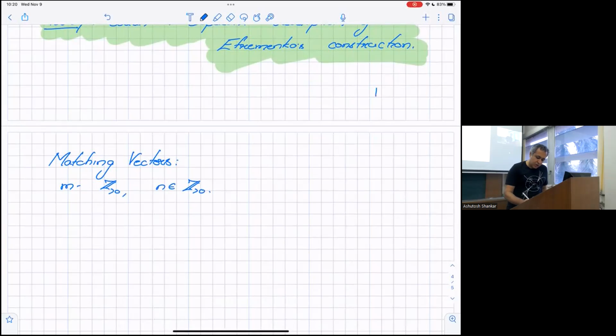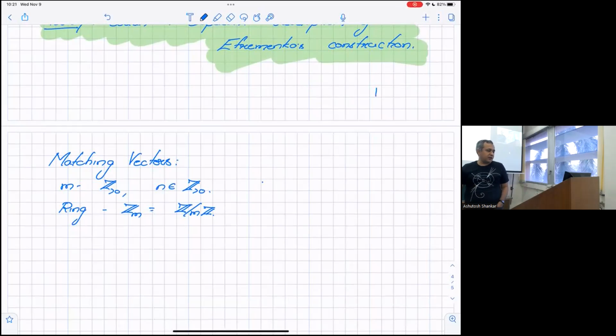We will be working in general in the ring Z_m, by which I mean integers mod m. We'll be working with several objects, and one of them is this ring Z_m. m is, in fact, crucially going to be not prime. For the first twenty minutes, m can be arbitrary. Later on, we'll see that I only know how to do the construction when m is not a prime.